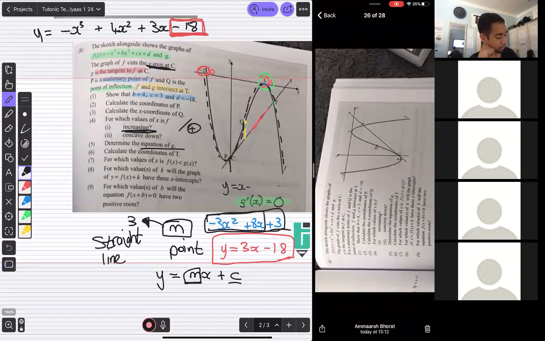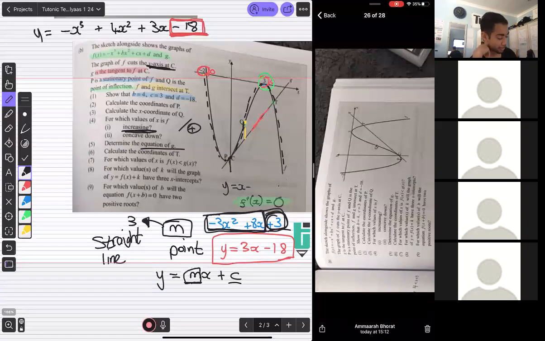So we subbed in x to be naught and we got 3. So that means that the gradient of the graph at C is 3, which means the gradient of the tangent is 3. Does that make sense?